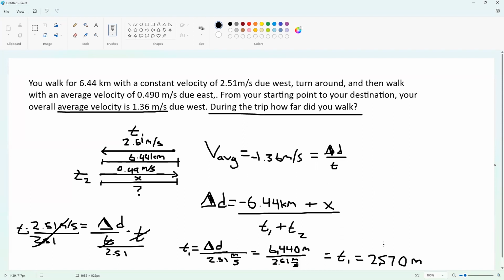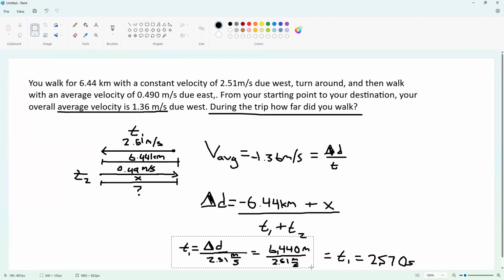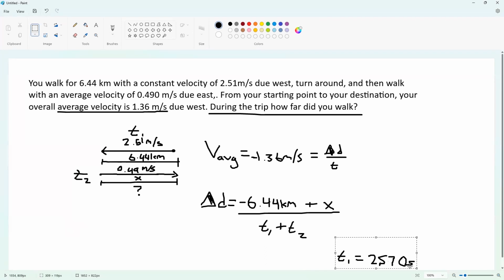Okay, so now this is not meters. This is seconds. So now we have T1, and I'm going to delete all of this here and store T1 in this corner. So now we got that.